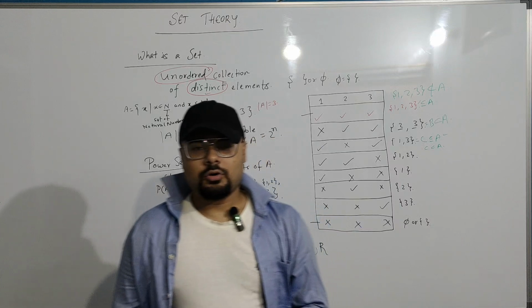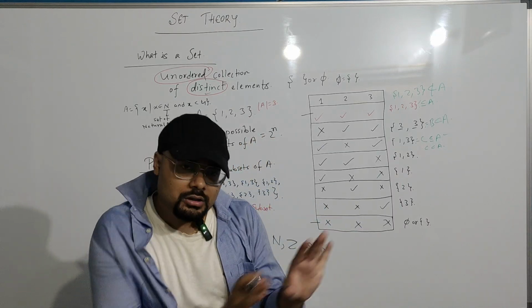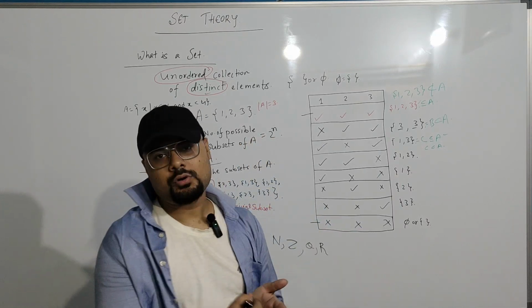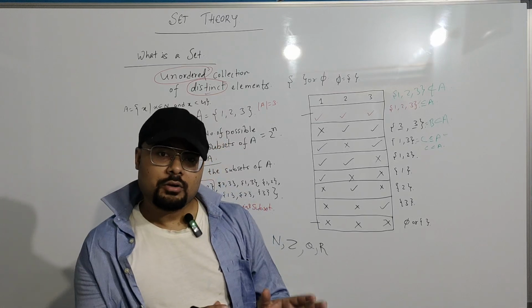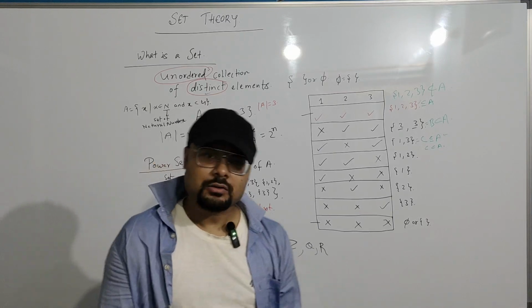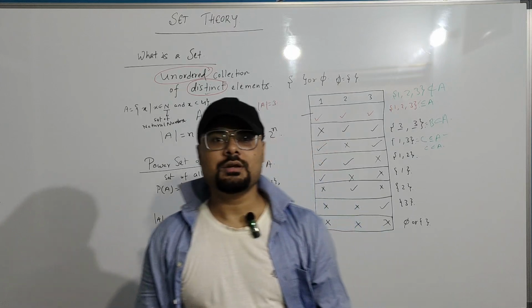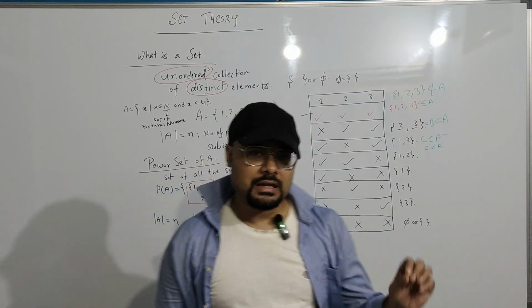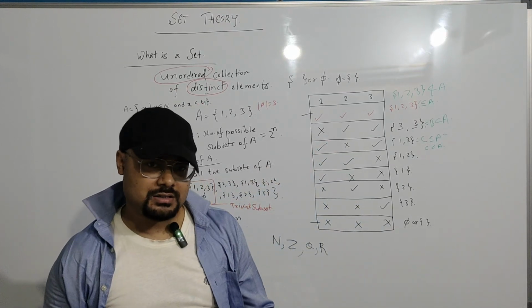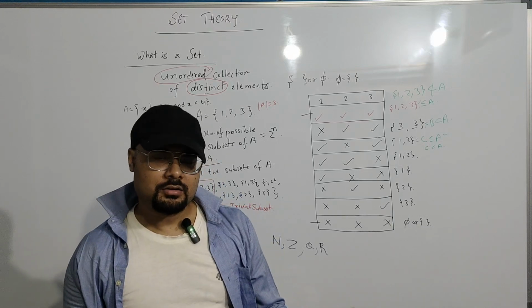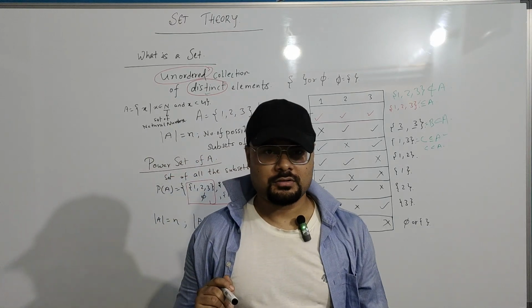The elements of all these sets are going to be from the set of students only. So the set of students is like a universal set, and every other set in the context of the university is a subset of this universal set.